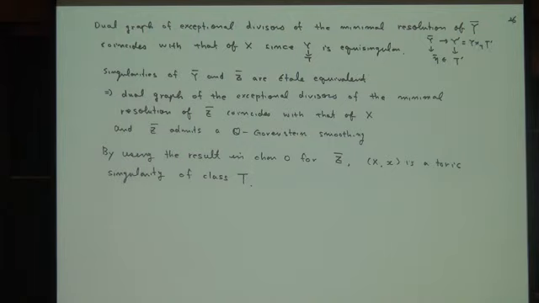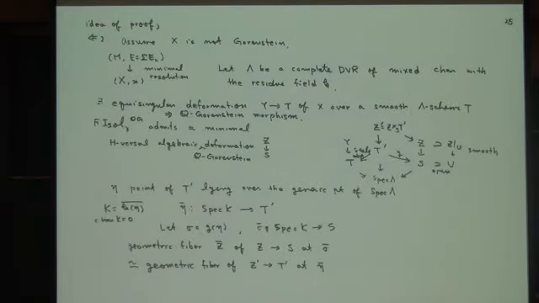So the singularities of Ȳ and Z̄ are étale equivalent, and that implies the dual graph of the exceptional divisors of the minimal resolution of Z̄ coincides with that of X. And Z̄ also admits a Q-Gorenstein smoothing, because Z is coming from the Q-Gorenstein deformation functor, and we assumed that the singularity has a Q-Gorenstein smoothing.